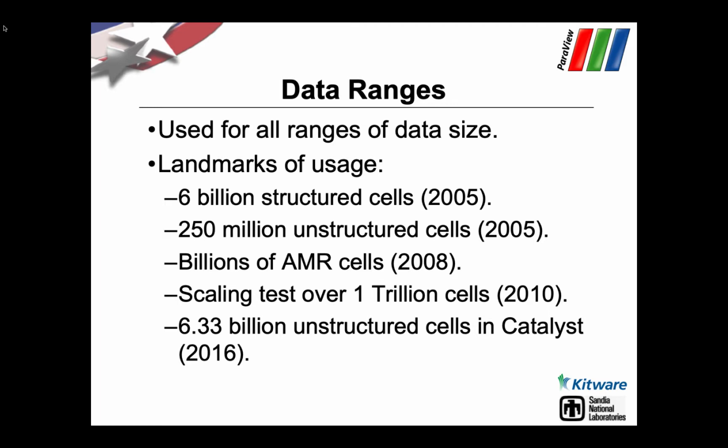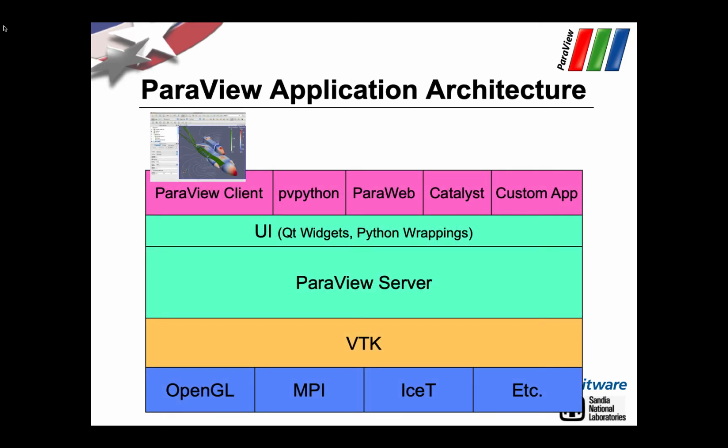None of the examples I'm going to show you today really capture its power per se, but it's used for visualizing very, very large structures. And it has an architecture that's quite robust.